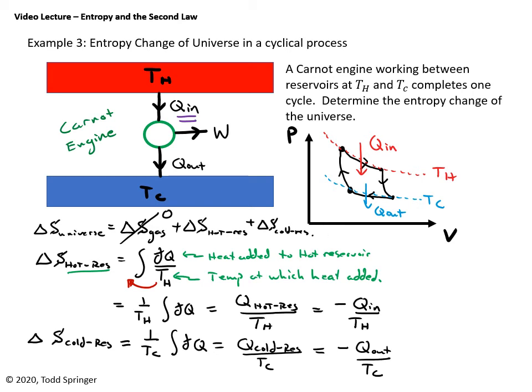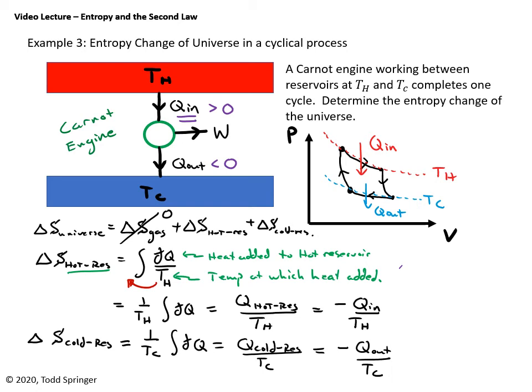Again, the minus sign is confusing. So let me remind you that Qout up here is a negative number. Qout is a negative number because it's going out of the gas. Okay? Qin is a positive number. Now, if I want the entropy change of the cold reservoir, I'm having heat added to the cold reservoir.